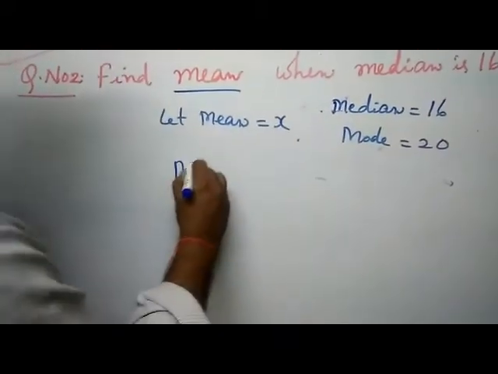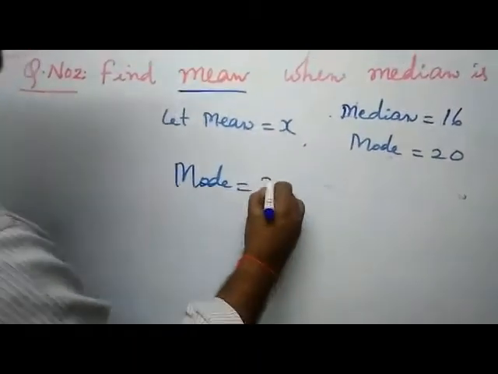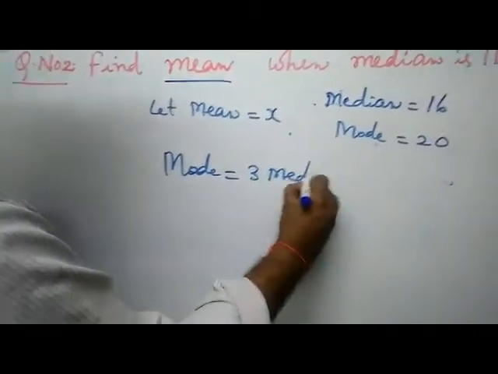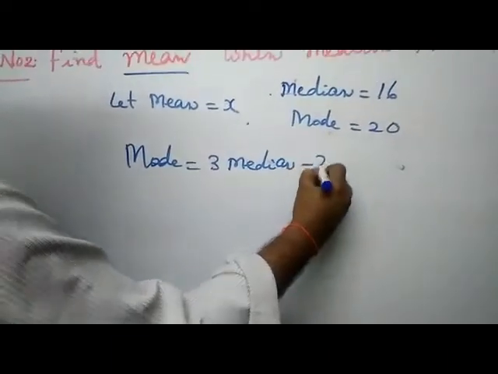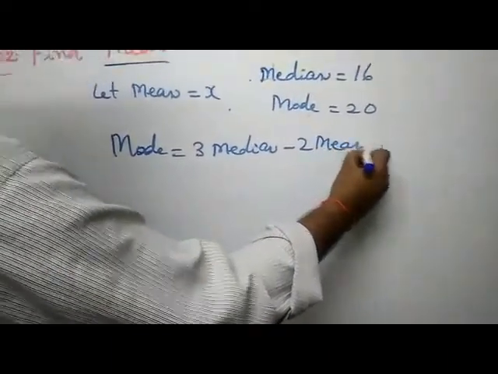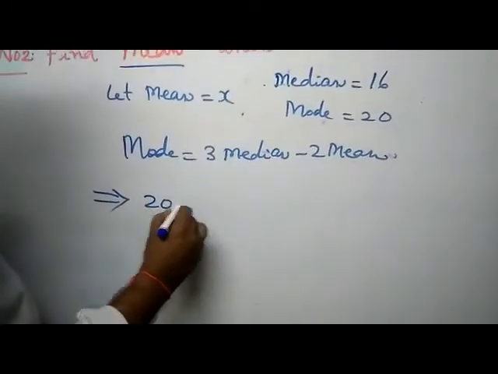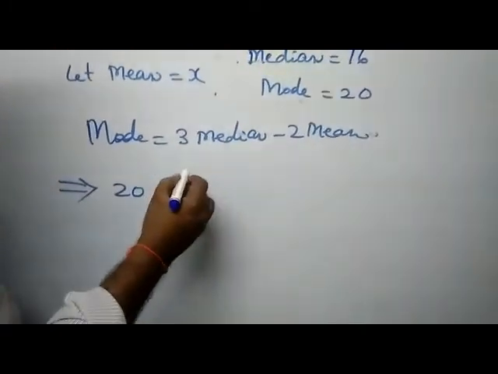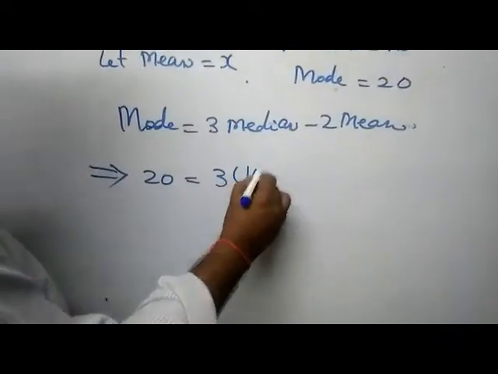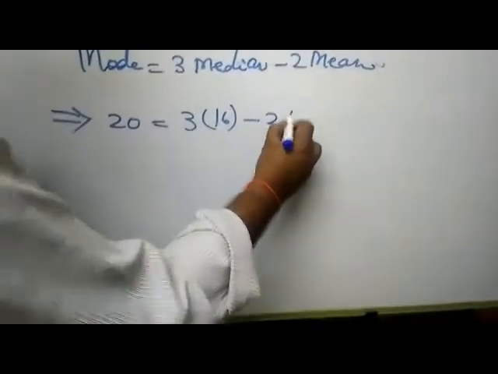Write the formula. Mode is equal to 3 median minus 2 mean. That implies 20 is equal to 3 into median, median is 16, minus 2 into mean, mean is x.